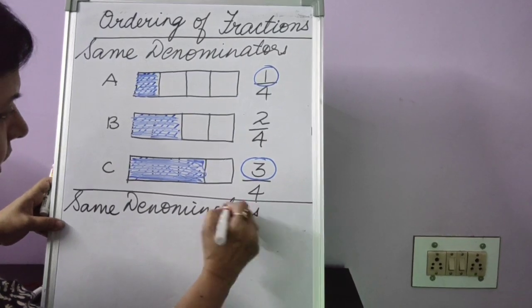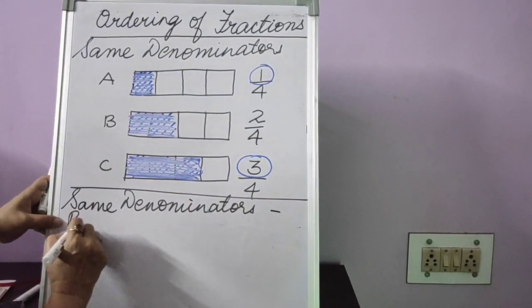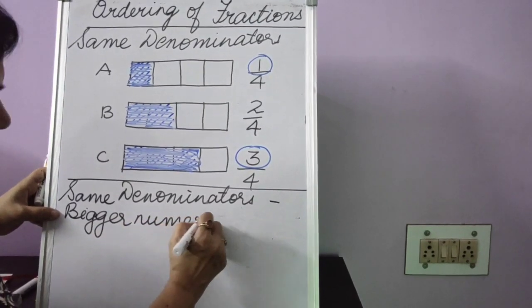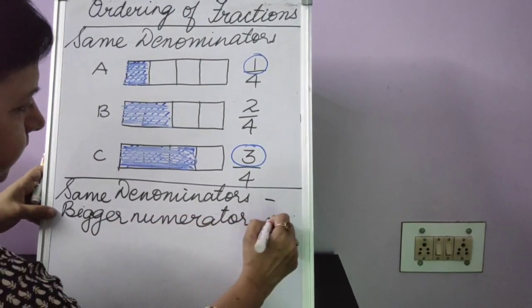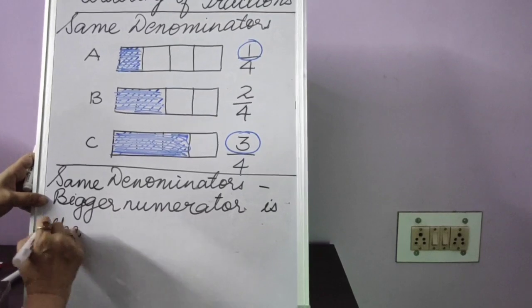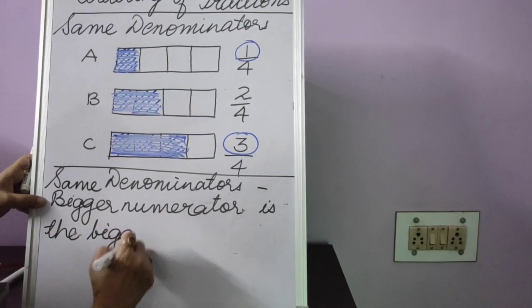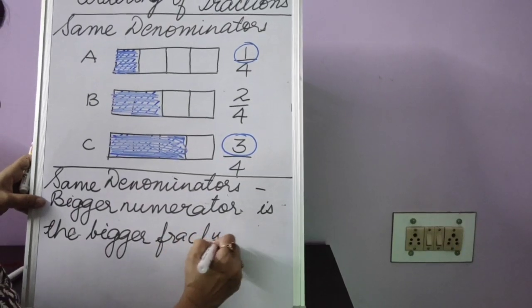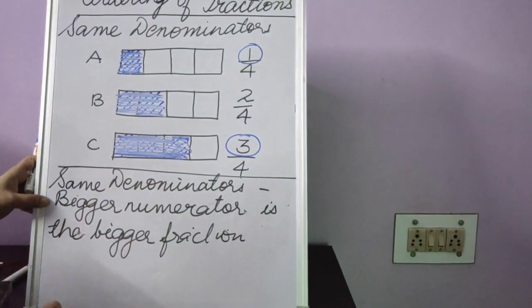If the denominators are the same, then the bigger numerator is the bigger fraction. Is the bigger fraction means in which the numerator is the bigger. This is how you can understand.